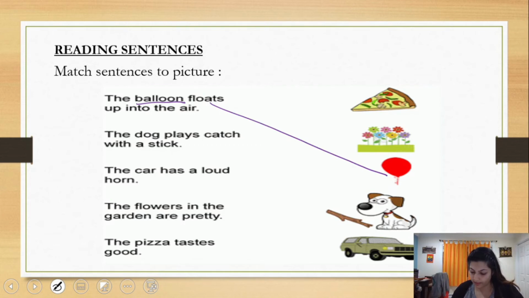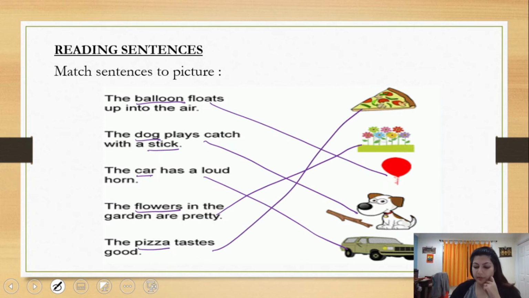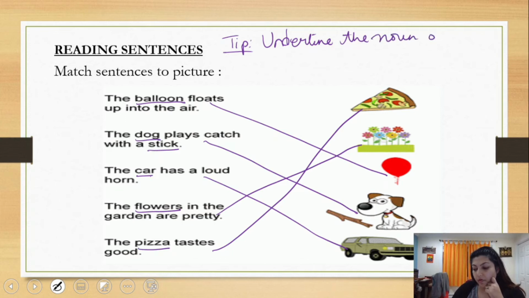The dog plays catch. So at least the noun, or what they're doing, the verb. The car has a loud horn. The flowers in the garden are pretty. Pizza tastes good. So tip here is underline the noun or verb shown in picture.